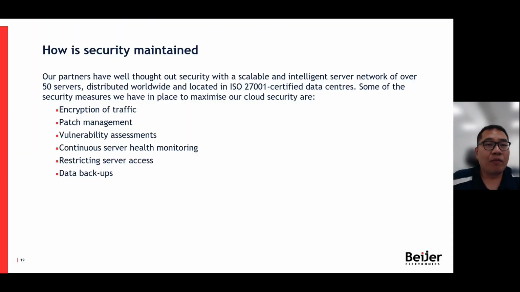One of the most common questions we get asked is how the security is being maintained. Our partners have a very well thought out system. All their systems are ISO 27001 certified and installed in the same certified data centers. Everything you do is encrypted.